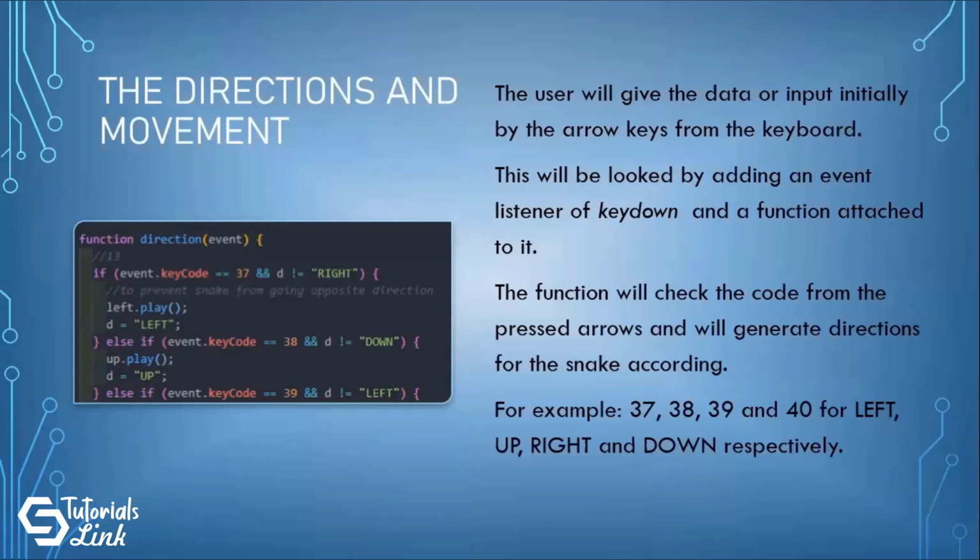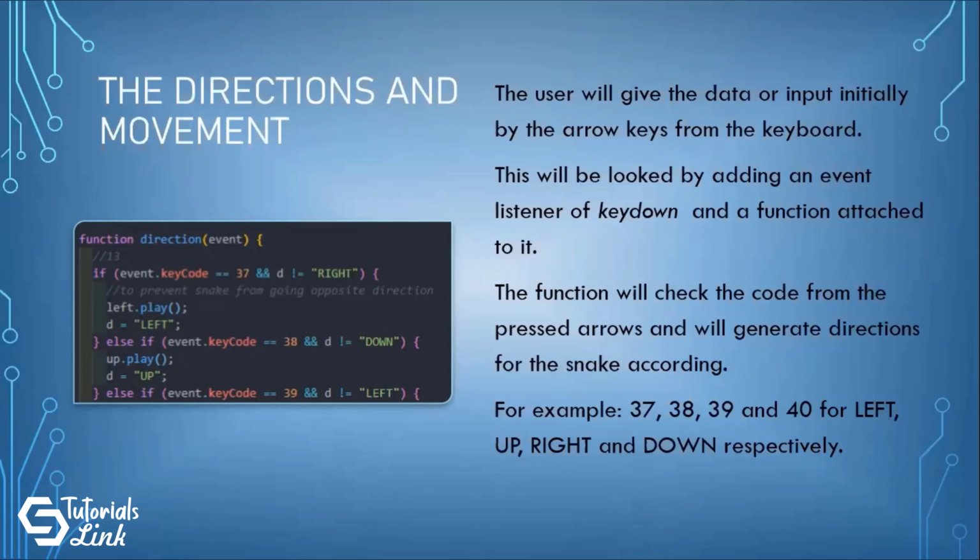Now let's come to this image, where I have mentioned a function named direction, which has an event passed in. It is conditional rendering, in which the event is passed down and the key code is checked. If the key code is equal to 37, then we will set the direction to left.